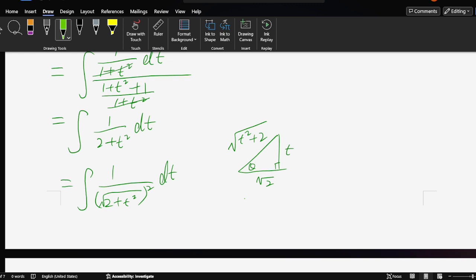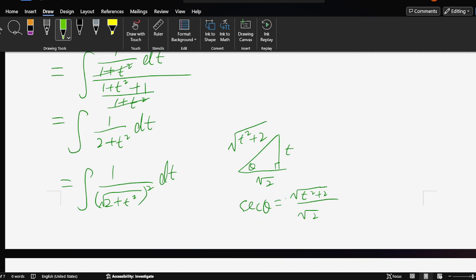So that means secant theta equals the square root of t squared plus 2 over the square root of 2.